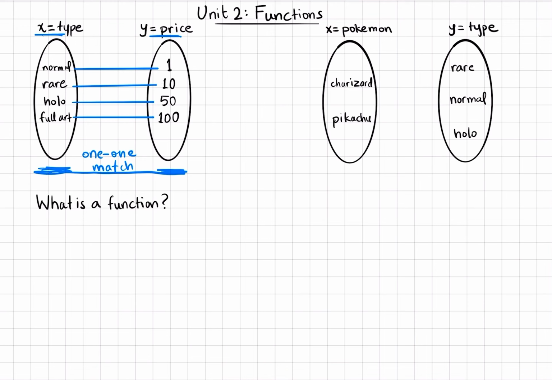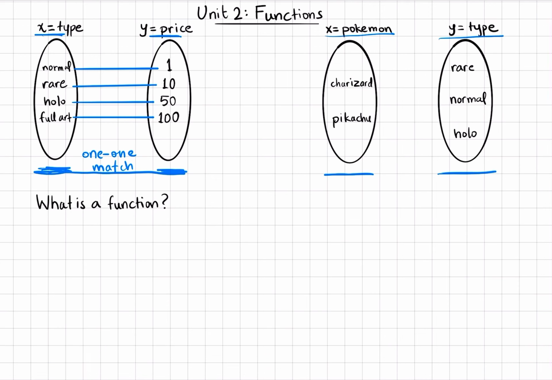All right. Now let's look at the second pair of sets here. Again, I've given them the names X and Y. But in the first set, I've written down two Pokemons, two of the most popular Pokemons, Charizard and Pikachu. And in the second set, I wrote 3 types of cards: rare, normal, and holo.